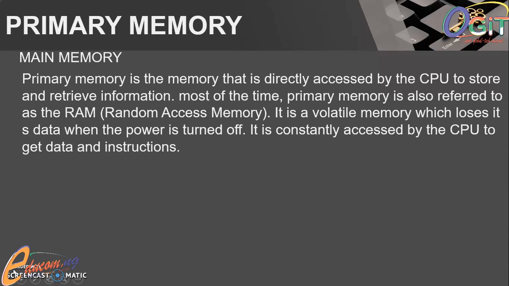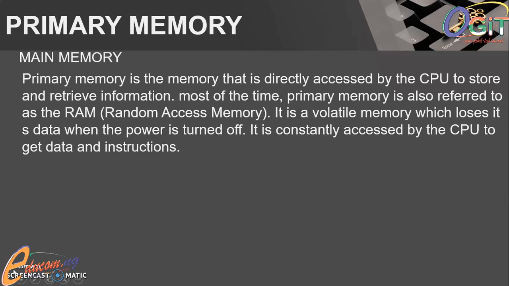Primary memory is the memory that is directly accessed by the CPU to store and retrieve information. Most of the time, primary memory is also referred to as the random access memory. It is a volatile memory which loses its data when the power is turned off.